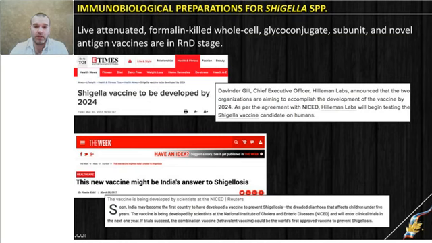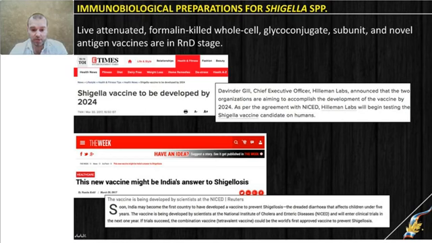So we have a lot of vaccines which are still in the research and development stage, multiple different options. There are conjugate, subunit vaccines, whole cell, and some antigen vaccines, but all companies designing those vaccines have no stable promising results. Recently, the India government announced that a Shigella vaccine is being developed by India as well, and preliminary results of experiments show very promising data.